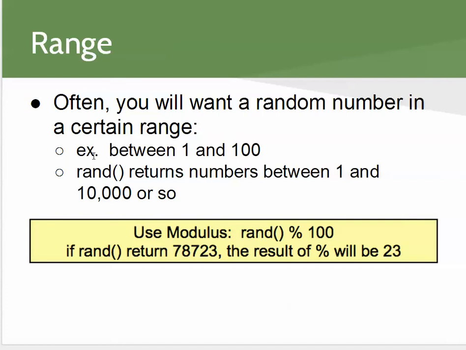We can't actually adjust what comes out of the random function, but we can transform those values after we get them. The easiest way to keep your random number within a particular range is to use the modulus operator. The modulus operator will allow you to transform that value into the range you're looking for.